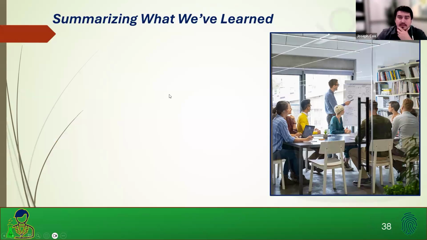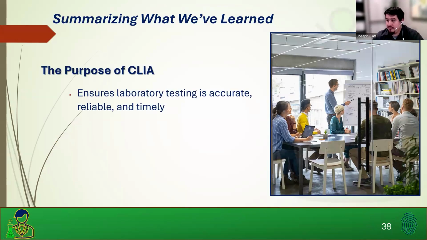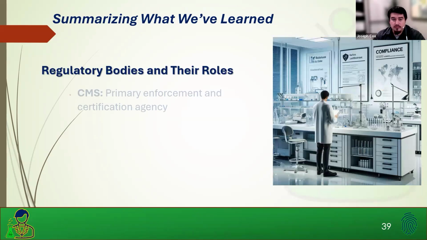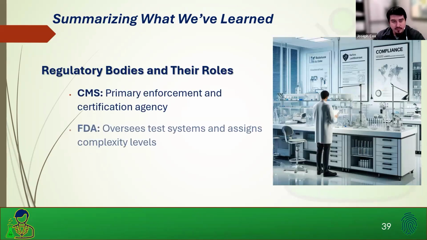All right, summarizing what we've learned. Let's go back over. The purpose of CLIA is to ensure accurate, reliable, and timely testing. It applies to all US-based labs that test human specimens for health-related purposes. CMS is the primary enforcement and certification agency.